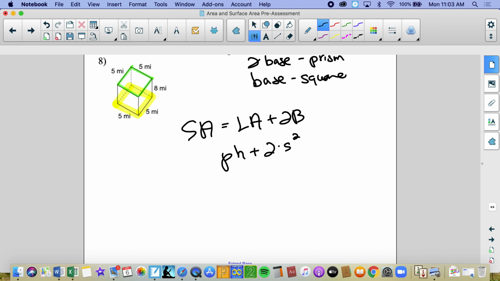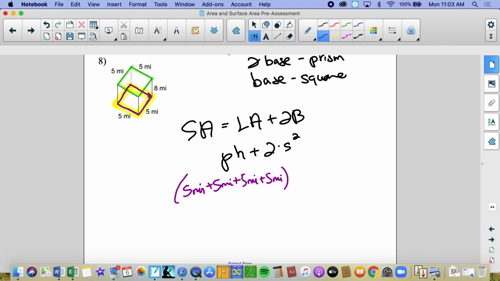So my perimeter is the distance around the base. If this is my base in yellow, the distance around it is going to be 5 miles plus 5 miles plus 5 miles plus 5 miles. So my perimeter is going to be this, 5 miles plus 5 miles plus 5 miles plus 5 miles.